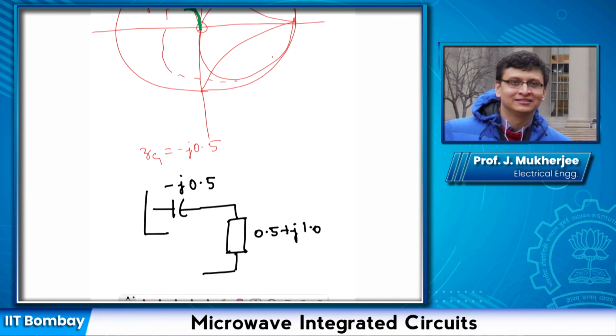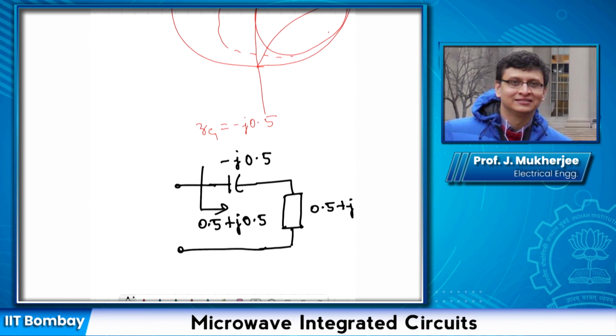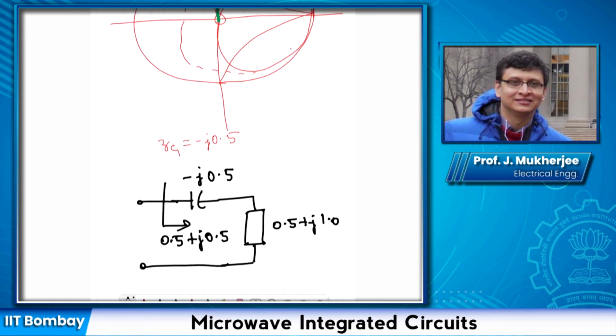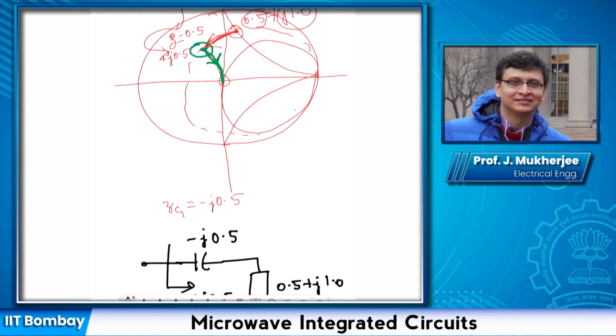So now here, what is my impedance value? It is 0.5 plus j 0.5 here. Okay, and then finally, what does 0.5 plus j 0.5 correspond to in terms of admittance?